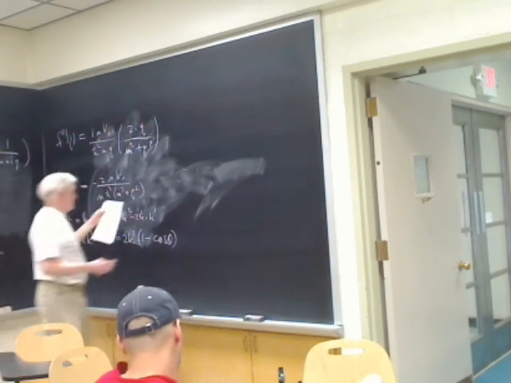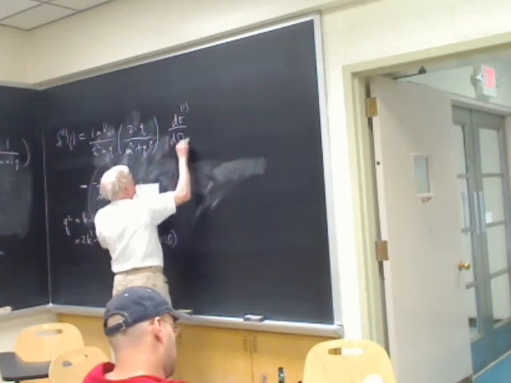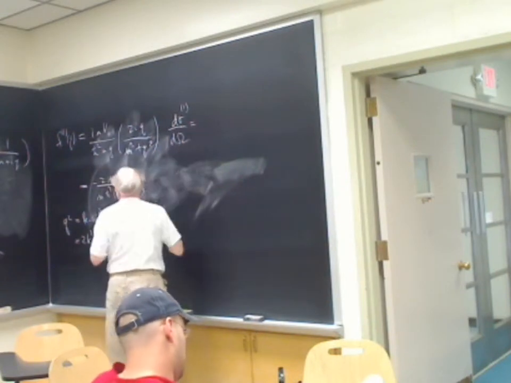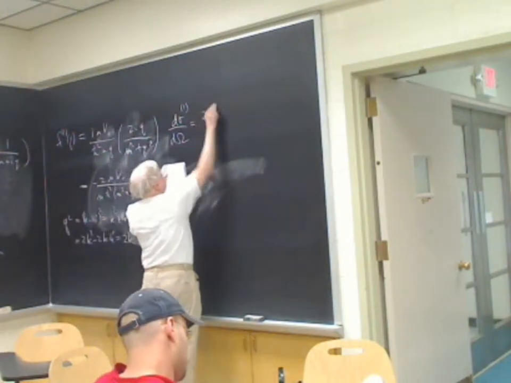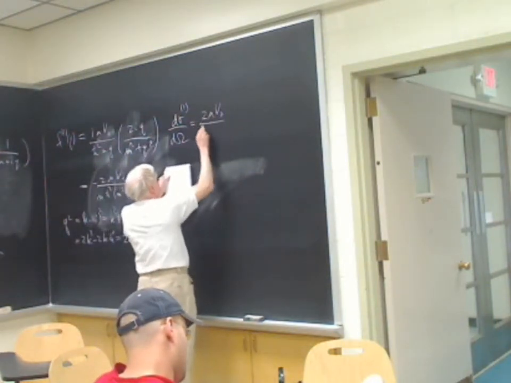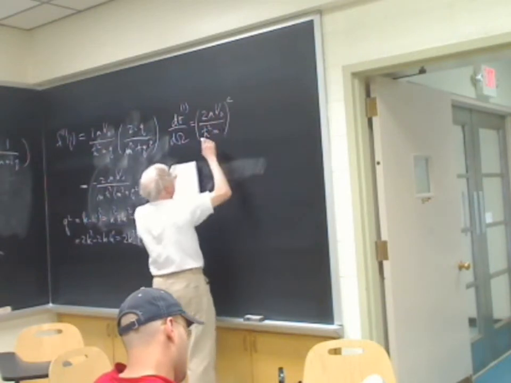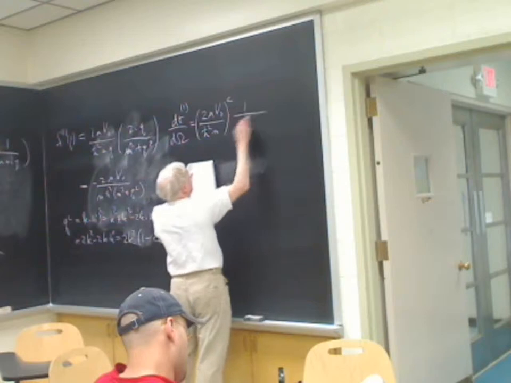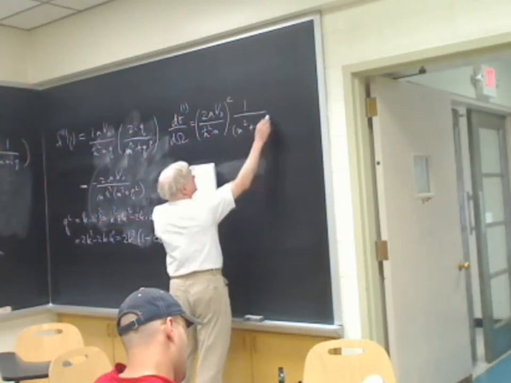So d sigma d omega in the first Born approximation with the Yukawa potential is the absolute value squared of this, and that gives us 2 mu V0 over h bar squared m, squared, times 1 over m squared plus q squared, squared.